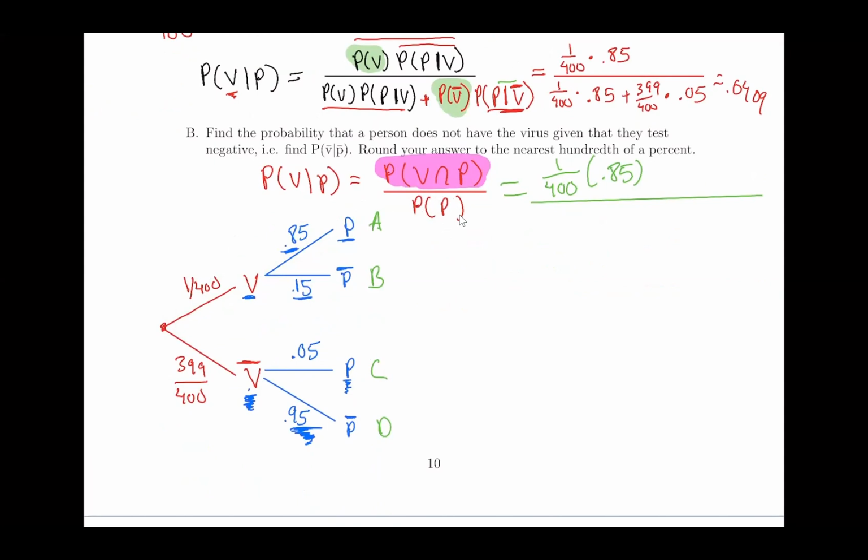So for this probability in the bottom, we want the probability that they tested positive. So now what I want you to do, I want you to choose which of these branches give me a positive test result. So we'll do a poll again. We'll relaunch this, continue. So all I want you to do is tell me which branch will give me a positive test result.